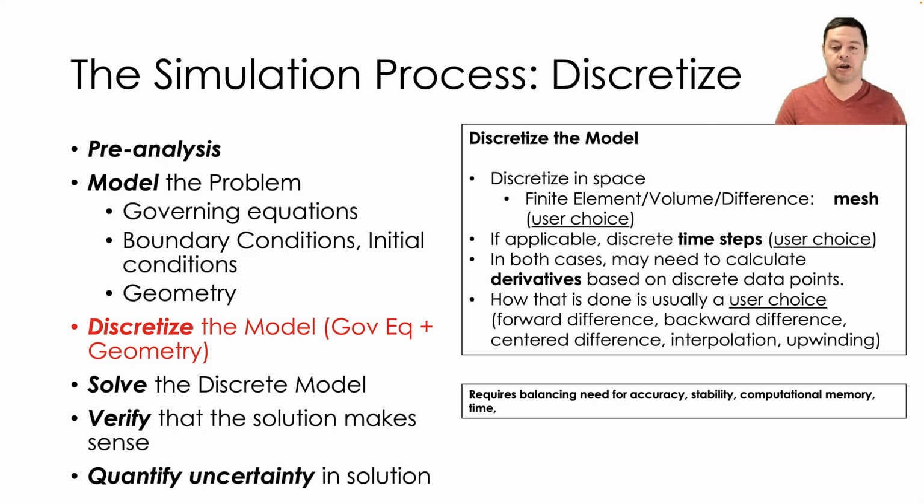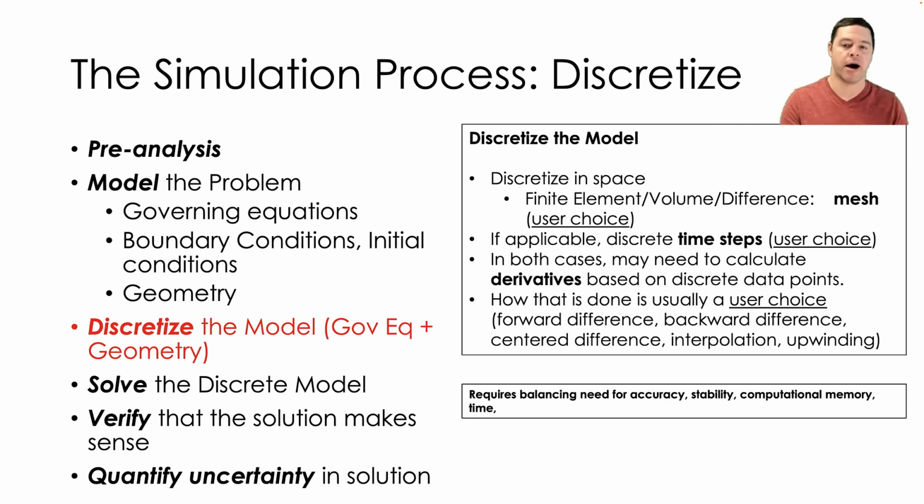If you're integrating in time, if you're doing a transient simulation, there'll often be discrete time steps involved too, which are often a user choice. And so choosing the correct time step is important in the discretization process. Typically when you're stepping forward in time, it's because the rate of change of your solution depends on something.